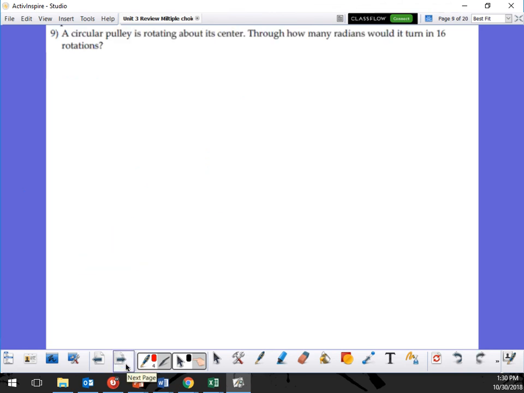A circular pulley is rotating about its center. Through how many radians will it turn in 16 rotations? Okay, so it is rotating about its center. How many radians would it be in 16 rotations? So now, the word rotation means what? 2 pi, right?